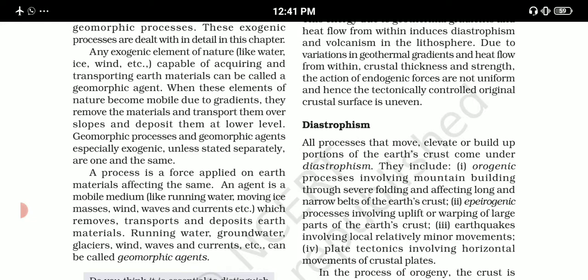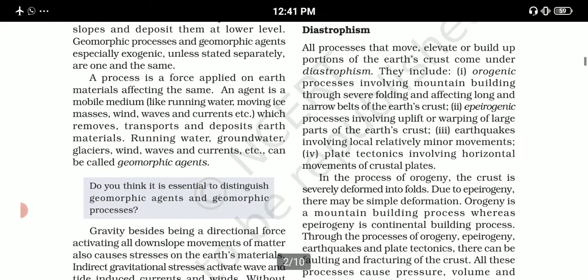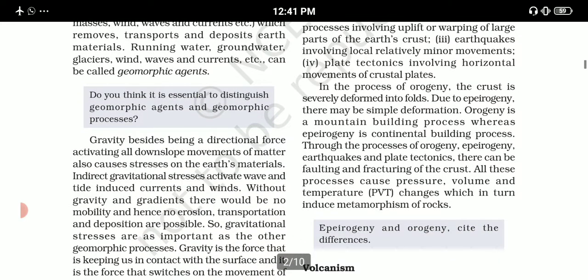In plate tectonics, जो है plates में जो उसकी main role है horizontal movements जो है, उसमें भी इसका क्या है, diastrophism, जो हम बोलते हैं the process that moves on the buildup of the earth's crust, जिससे अर्थ का ऊपर वाला जो क्रस्ट है वो बनता है, वो इसमें आता है. Then second that we say, it is the process of orogeny, where a crust is severely deformed into folds, and epeirogeny may be the simple deformations.